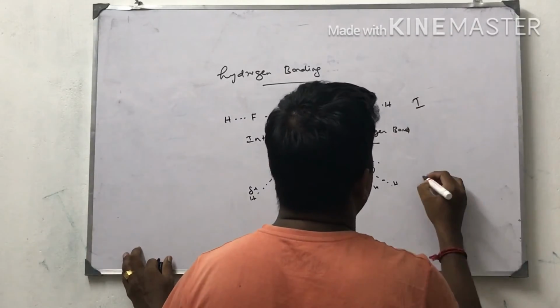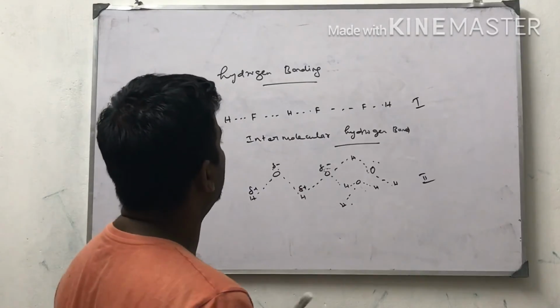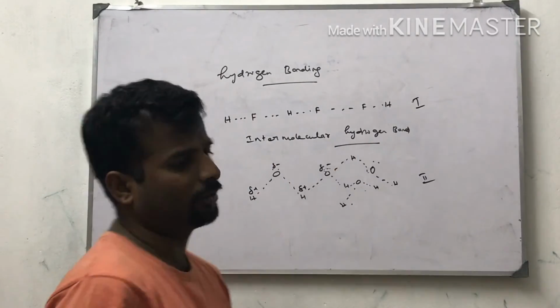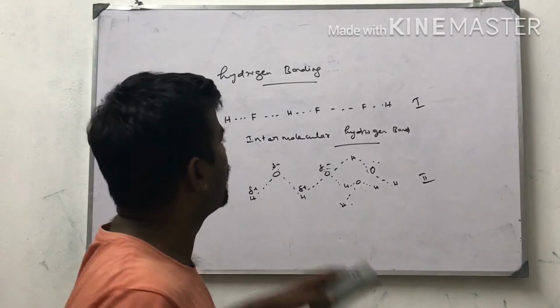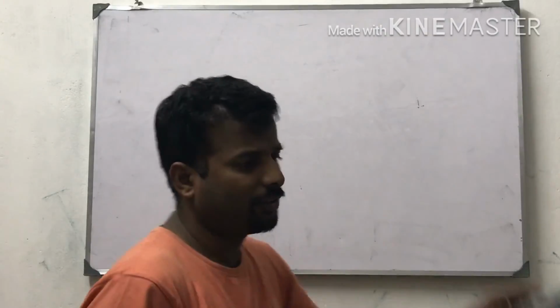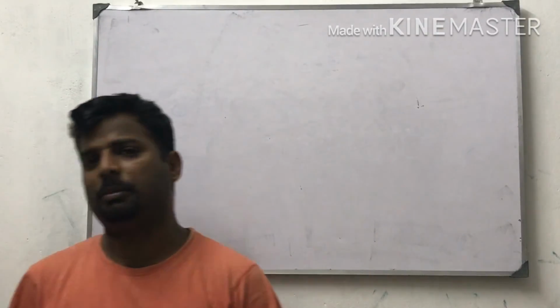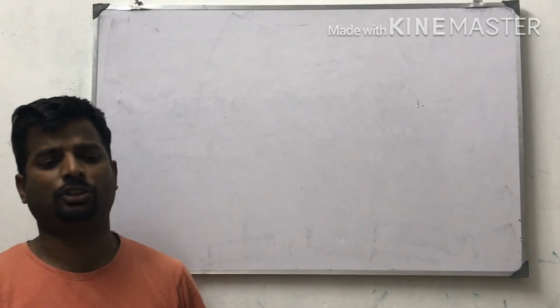This is the first example, and this is the second example. Water molecule: one water molecule combined with the other water molecule, like that it will go on. This type of bonding is hydrogen bond. Van der Waals force of attraction and hydrogen bond are called physical bonds. They are weaker than chemical bonds like covalent bond and ionic bond.